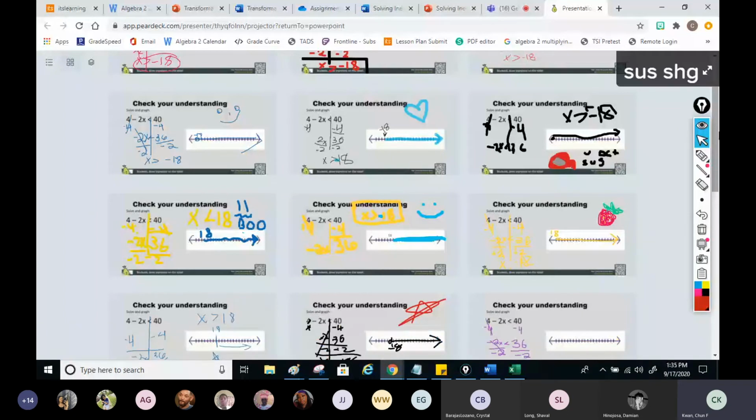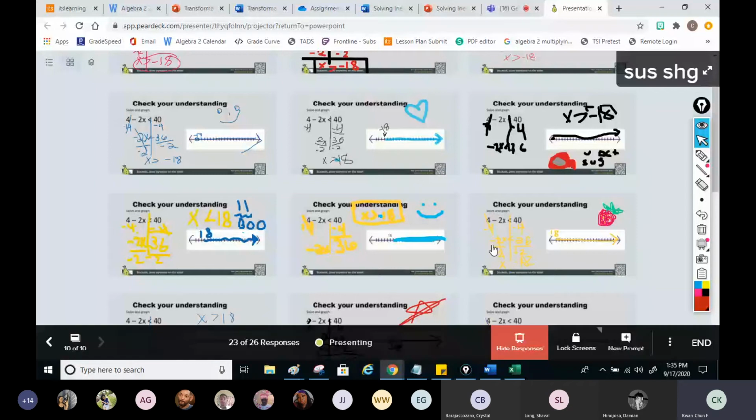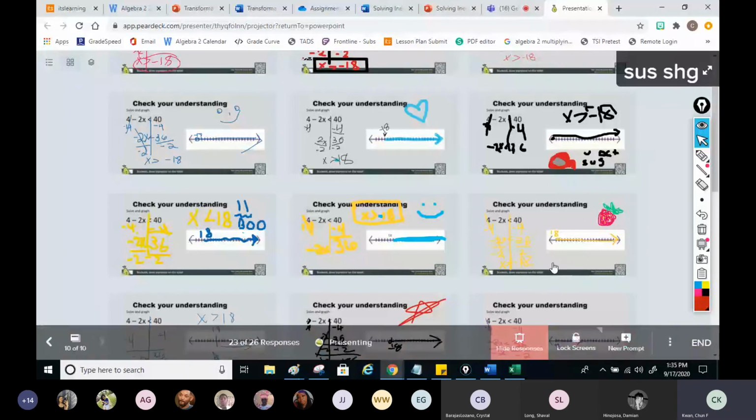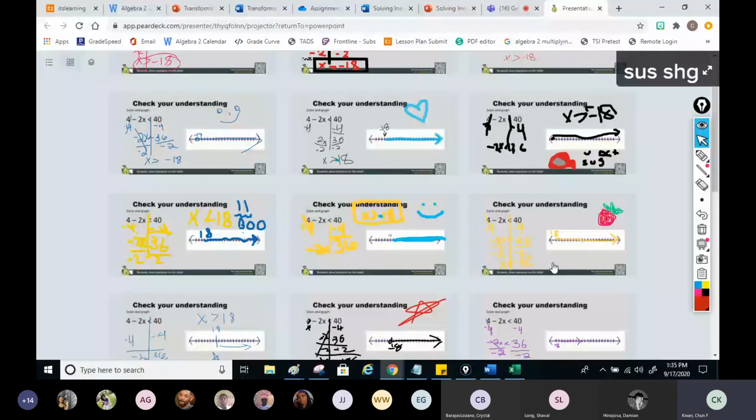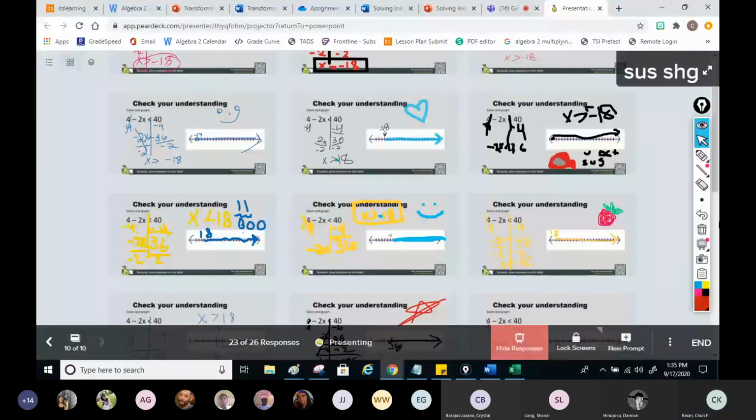Strawberry, when you're trying to get rid of the -2 in front of the x, whatever is in front of the x, in this case the -2, that is what you need to be dividing. So you have to divide by -2 on both sides. Okay, I see you correcting it. That's good. Now the left side, you only have x left. On the right side, you have -18. Yep, -18. You're good.